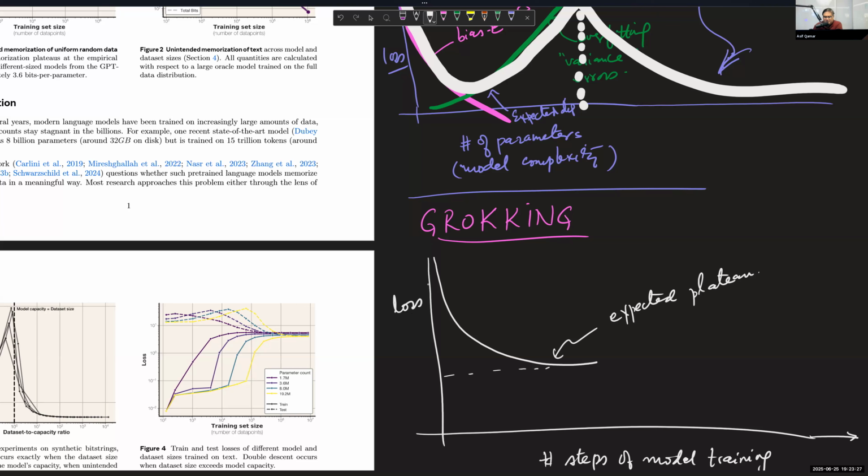Now, this is the training loss, and at this particular moment you're looking at the test loss. Training loss will of course keep on decreasing, and then something very interesting happens. There is a point at which it suddenly goes through a transition. This is called the grokking phase. Let me mark it. A grokking phase.